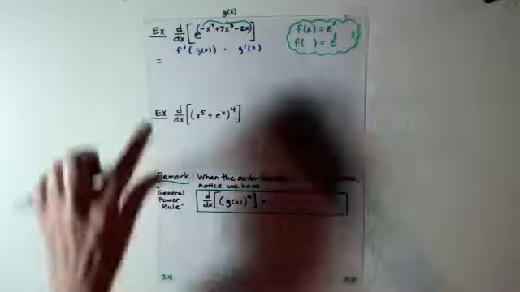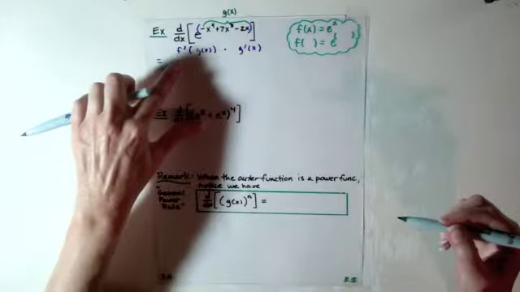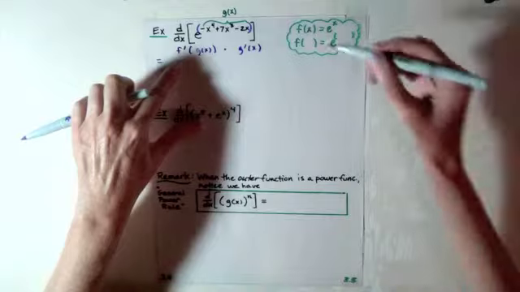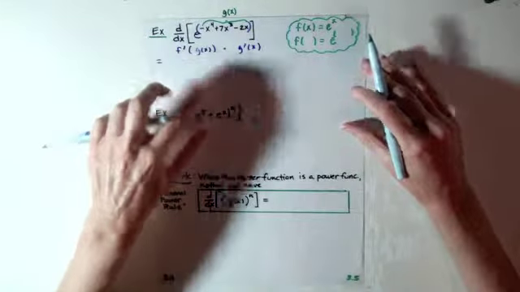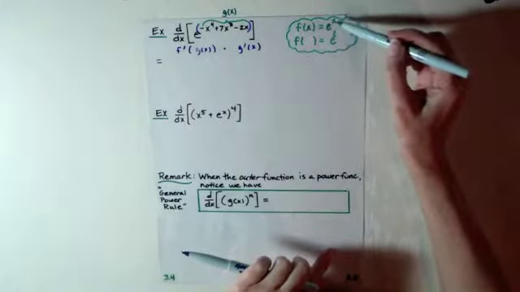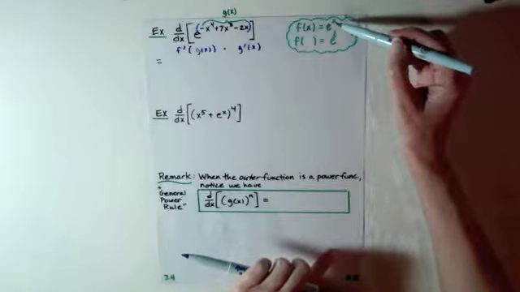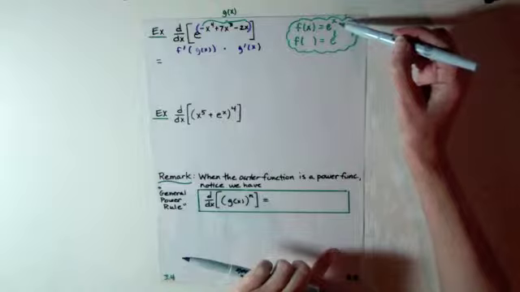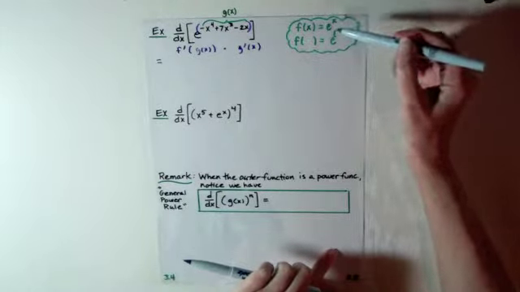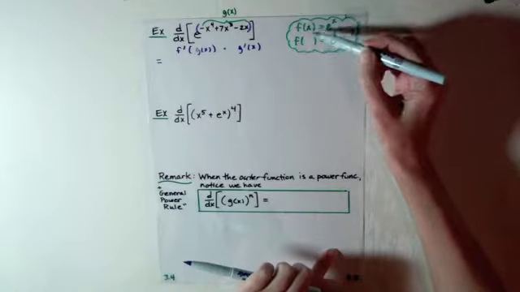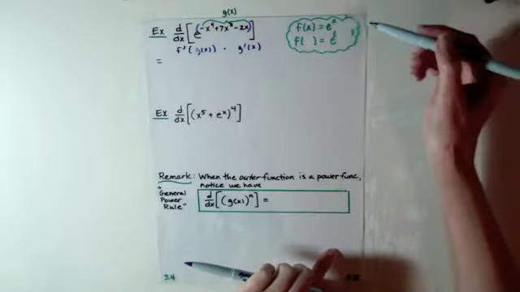Well, let's go ahead and think about the derivative of the outer function. Remember, in this case, the outer function is f of x equals e to the x. Well, we've already learned what the derivative of that function is. Remember that e to the x is a very special function. It's its own derivative. So when we take the derivative of e to the x, we get e to the x.